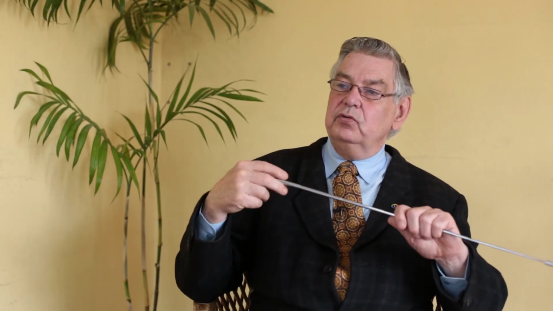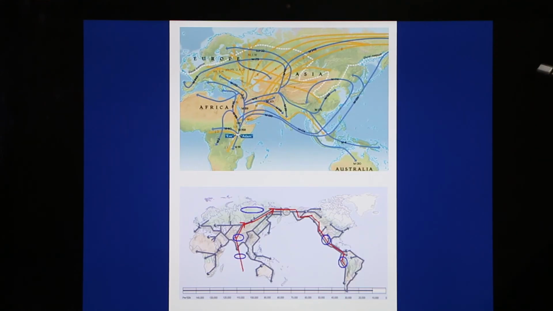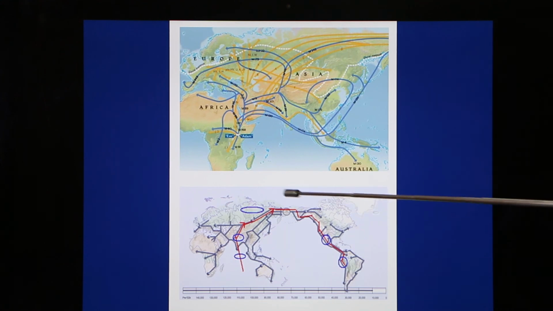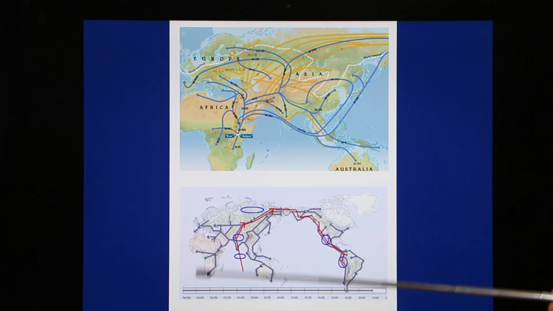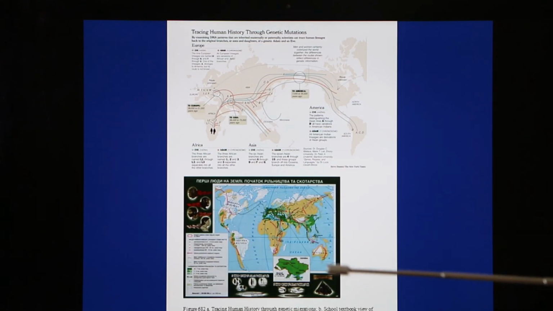And so there are two contrasting histories of the world. One, that everything starts in Africa and goes to Asia and Europe and Australia and to North America. And the second, that it all starts in India and goes to Africa and so on.